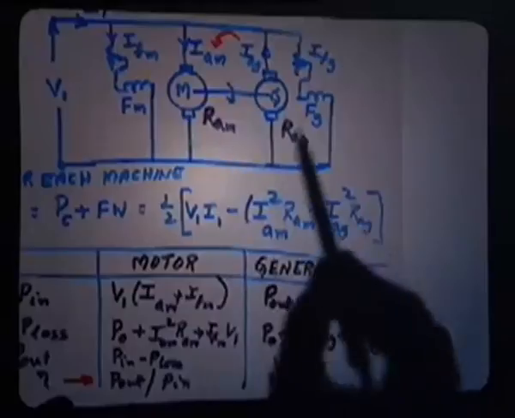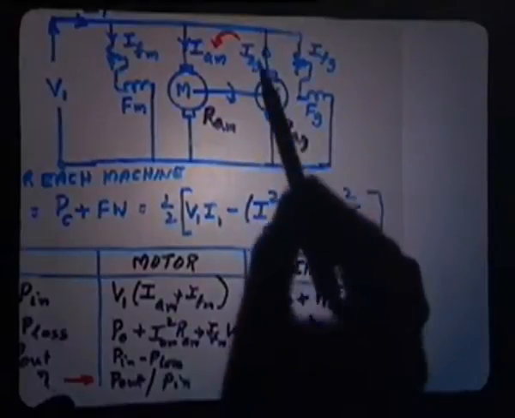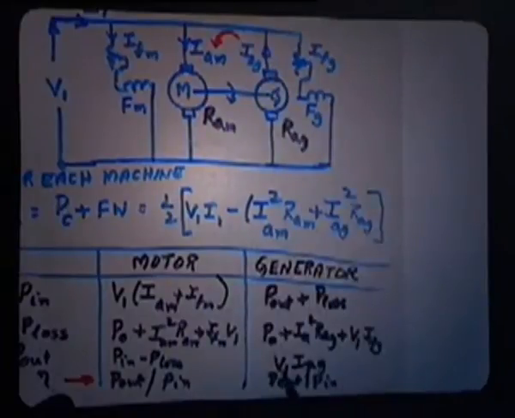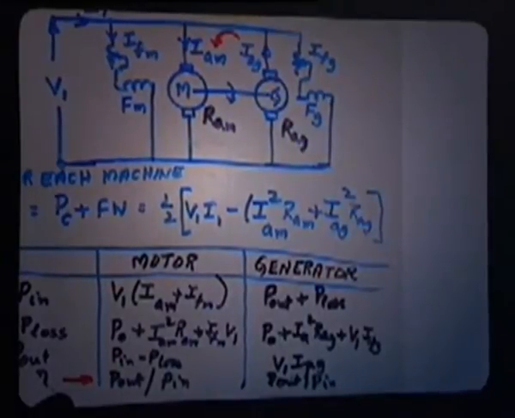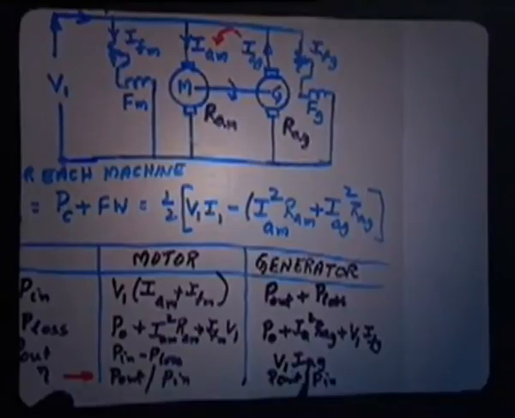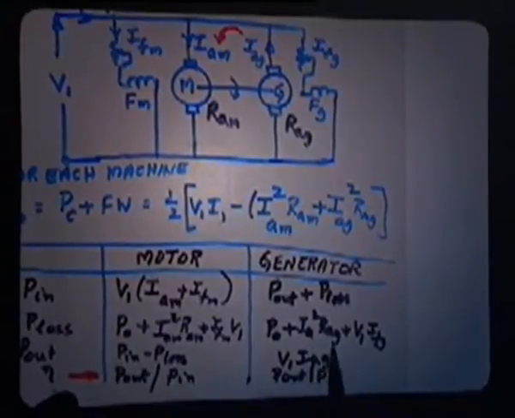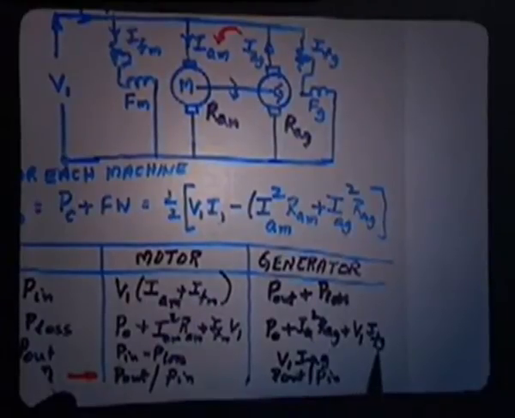What is given out from this generator is the voltage V1 into IAG. V1 into IAG is the power output of the generator. The losses will be the fixed losses P naught plus IA square into RAG plus V1 into IFG.